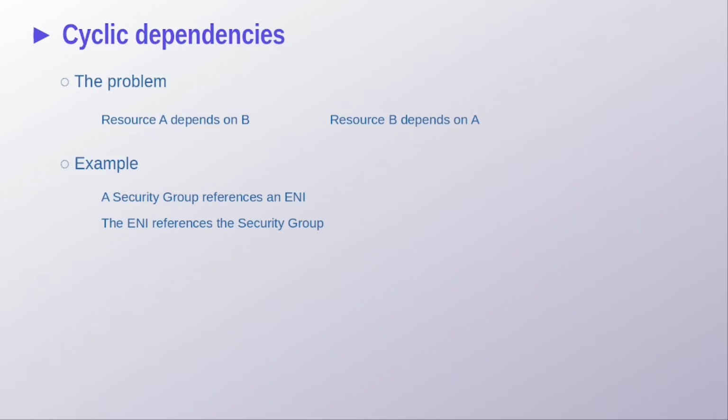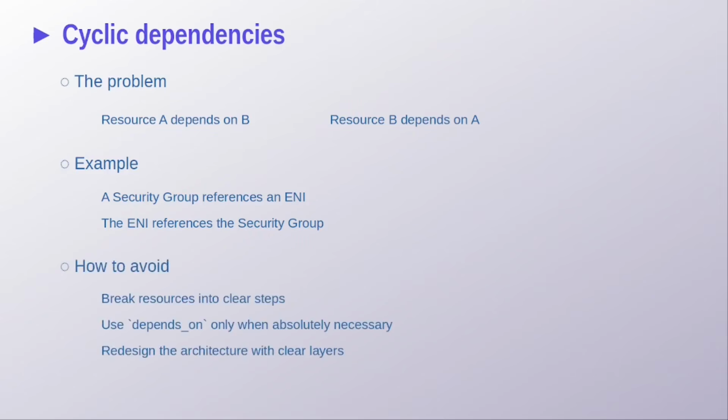Terraform cannot decide which one comes first. How to avoid this? Decide clear layers: network first, then compute, then data. Use depends_on only when absolutely necessary. Rule of thumb: if you use many depends_on blocks, your architecture is probably wrong.